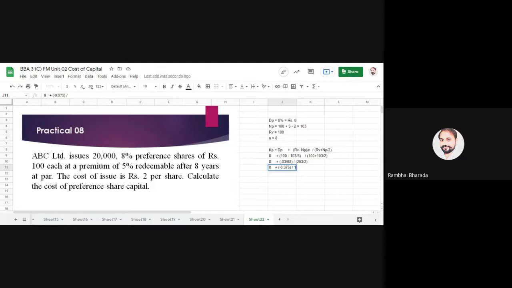The denominator is 101.5. So 8 minus 0.0036. The final answer will be 7.996.